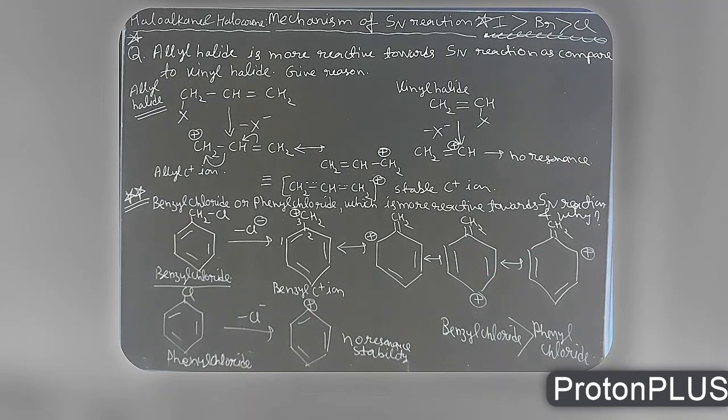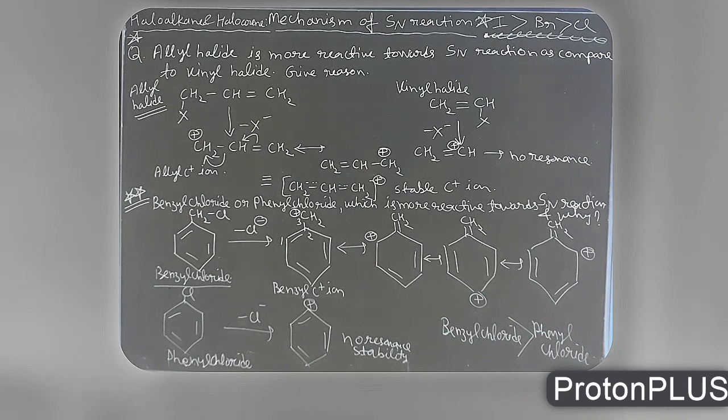Due to this resonance stability in benzyl carbonium ion, it is available in the reaction mixture for longer time, so nucleophilic attack is more feasible. That's why benzyl chloride is more reactive towards SN reaction as compared to phenyl chloride.